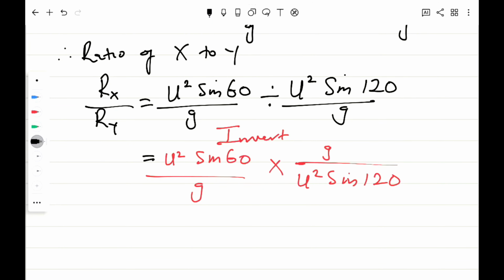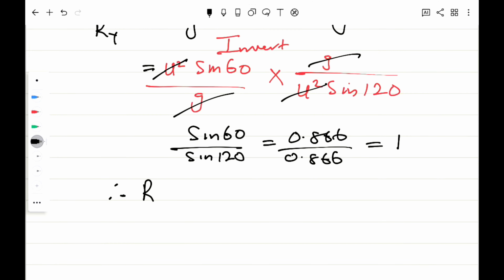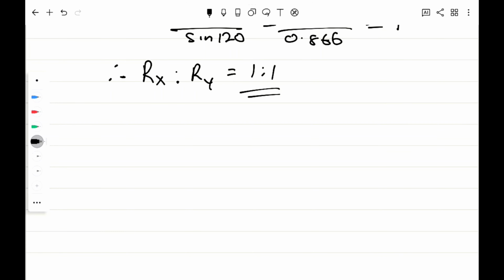G will cancel out G, right? And U will cancel out U. So that sine 60 over sine 120 is equal to 0.866 divided by 0.866, which is equal to 1. So the ratio of X to Y is equal to 1 over 1. So 1:1 is our answer. Is that clear? Let's proceed now to the next question.